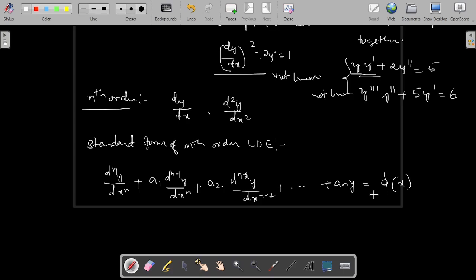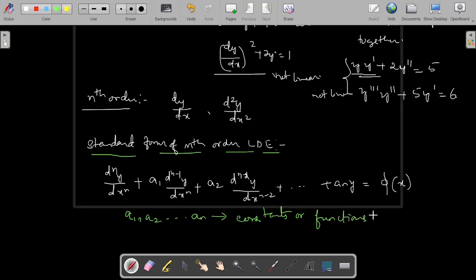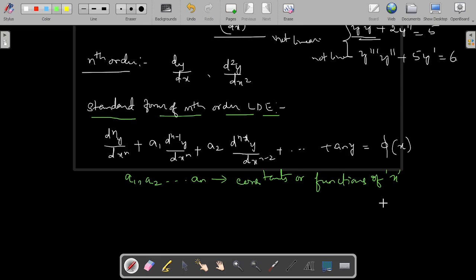So this is the standard form of nth order linear differential equation. Here a1, a2, so on up to an, these are either constants or functions of x alone.